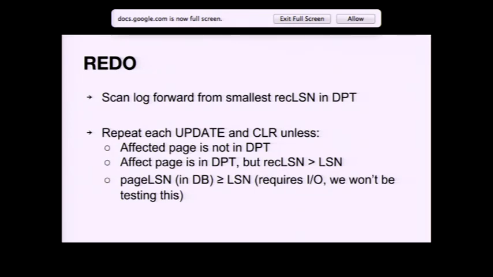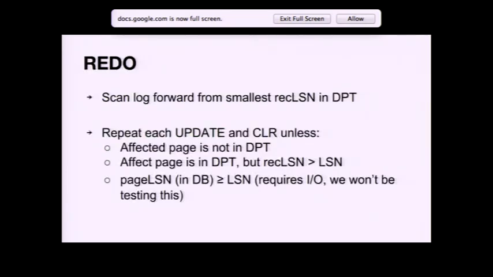This means if the page LSN, which is on the actual physical page on disk, is greater than or equal to the LSN of the action that we're executing right now, then we are not going to be repeating that. This one is more complicated because it requires I/O, so it's slow. We didn't touch on it too much in this class, so don't worry about that particular case too much.